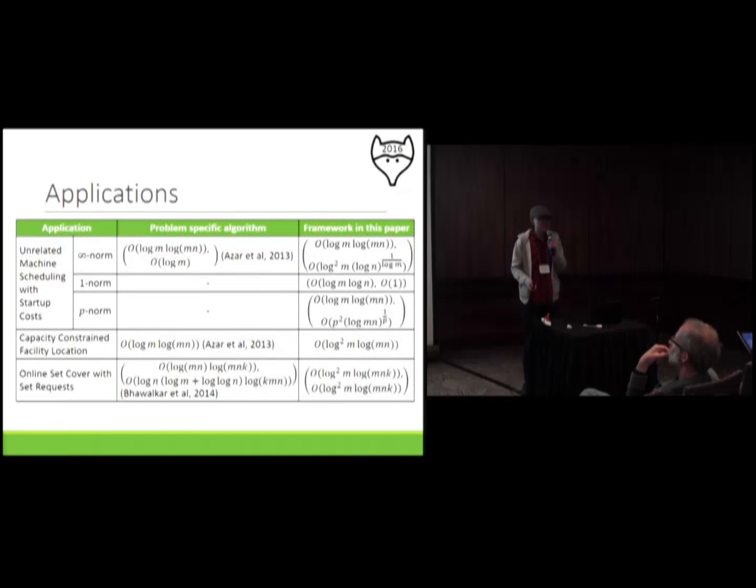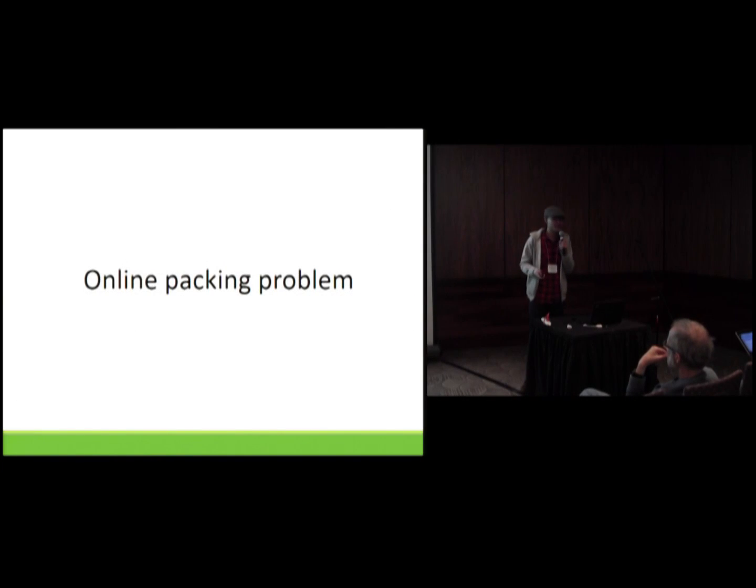And also, many other applications can be transformed to this framework and then be solved by it. Using this way, for most problems, they suffer by at most a log factor. But also, we can solve many problems that cannot be solved before using this way. So these are about the online covering problem.